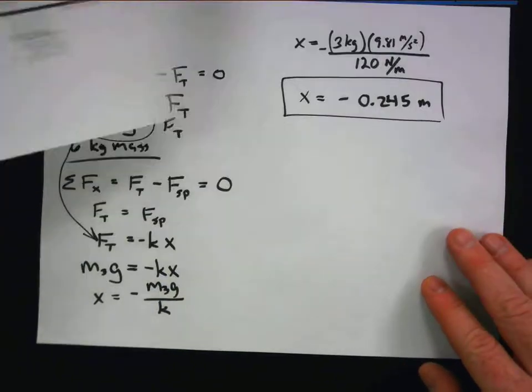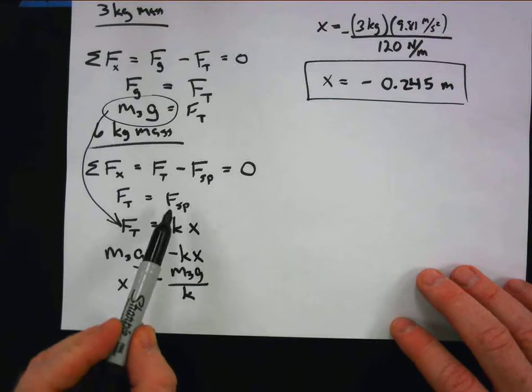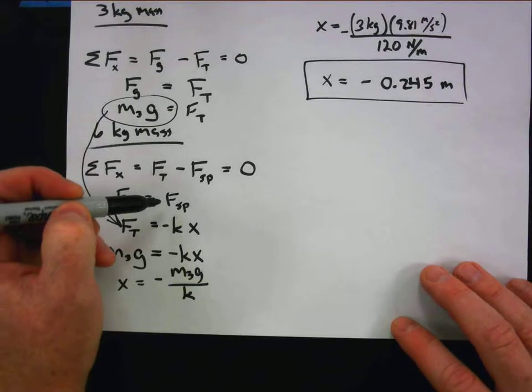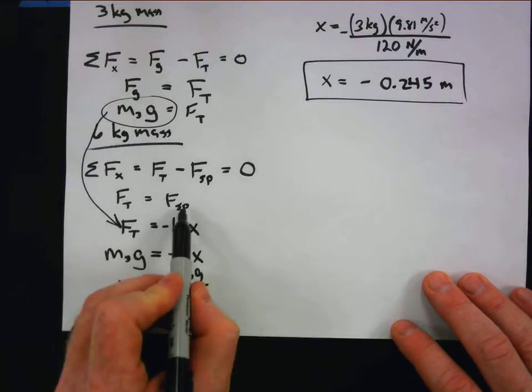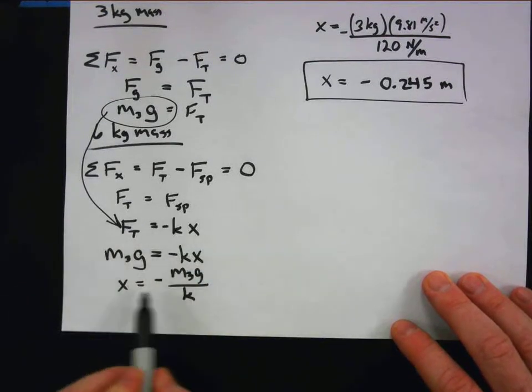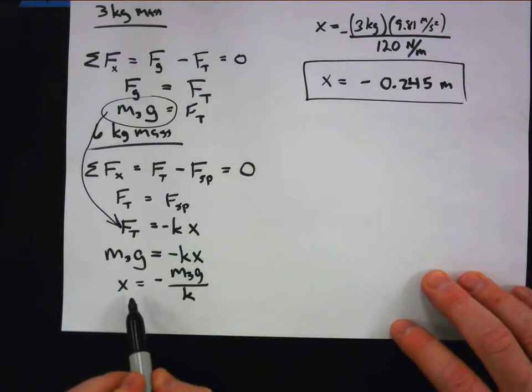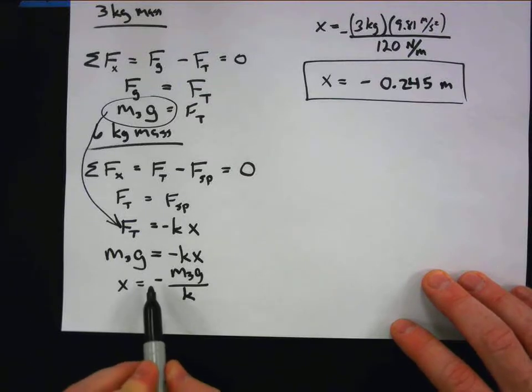So if I were to look back at what I did here, I simply called the spring force a positive value when I got to this step, and that ended up leaving the distance that the spring stretches with a negative value.